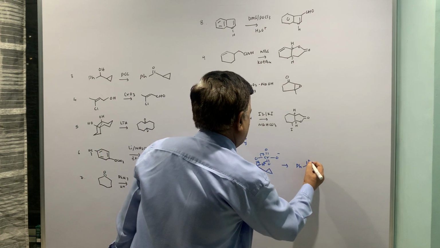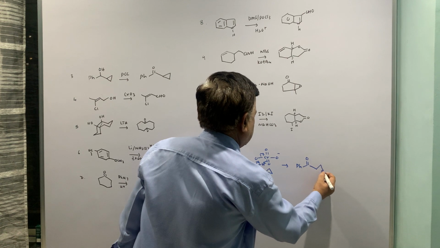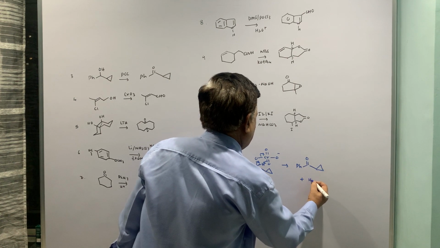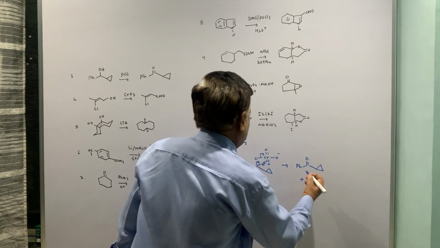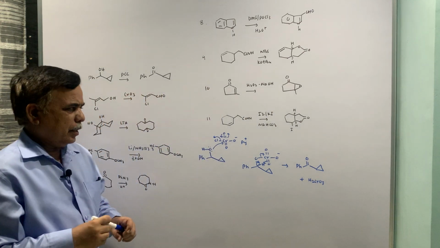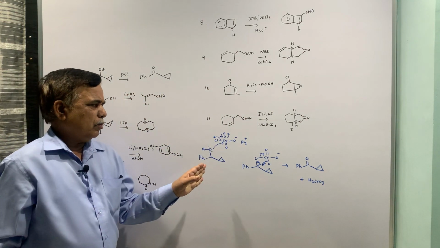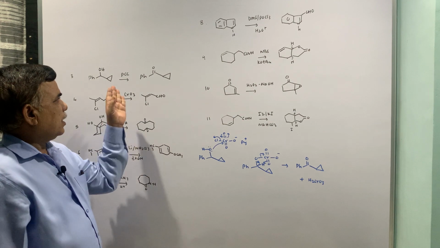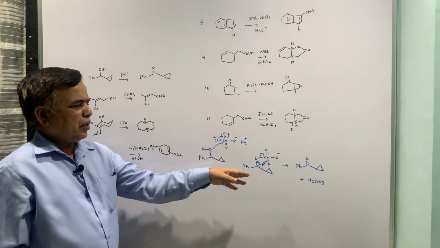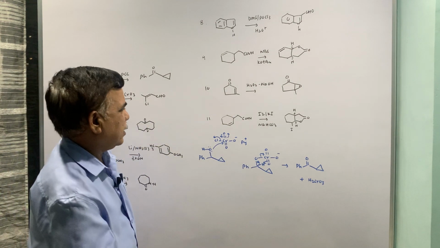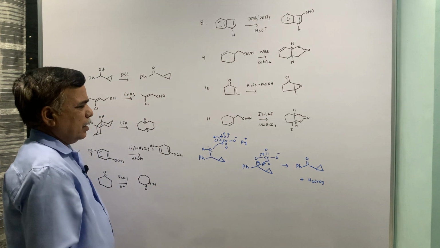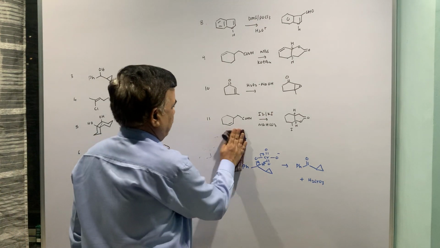Then the carbonyl, C double bond O, and it becomes H2CrO3 upon workup. So your chromium, which is +6 chromium, is becoming +4. So that is a reduction, and this secondary alcohol is becoming ketone.